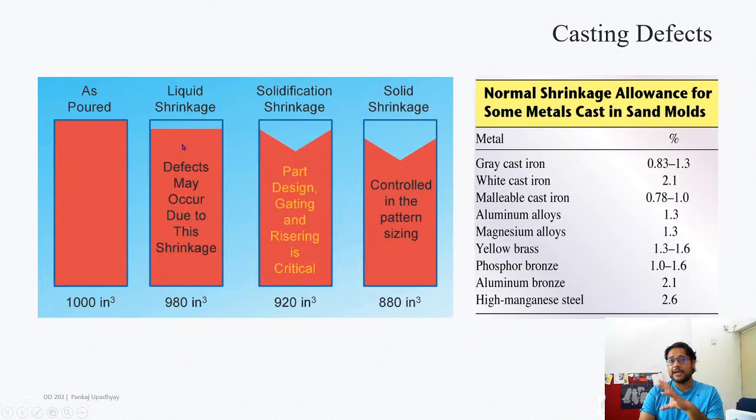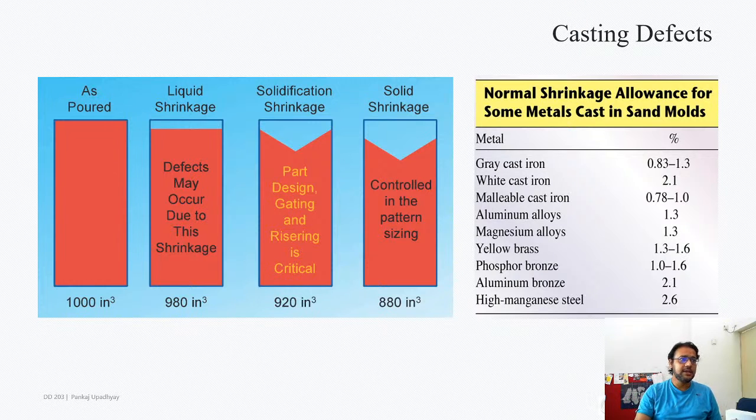So there are different types of shrinkages which happen. The first one is the liquid shrinkage, because once the liquid is poured in, the molten material comes from the temperature it is at down to the melting point. So the whole thing shrinks uniformly.